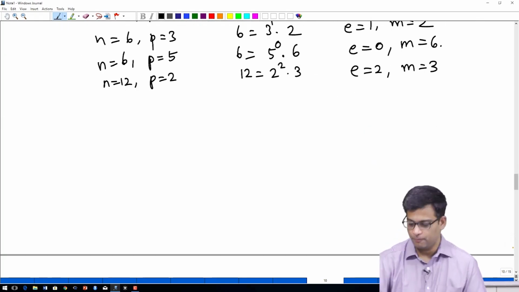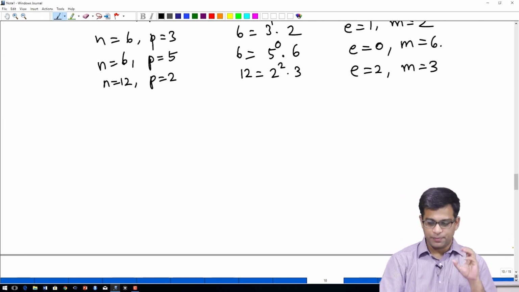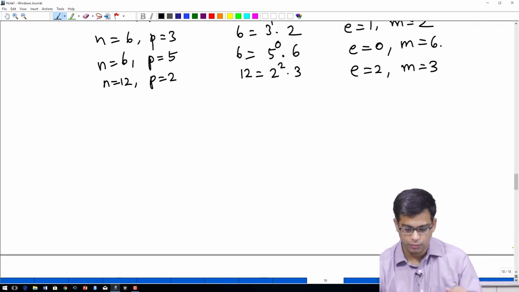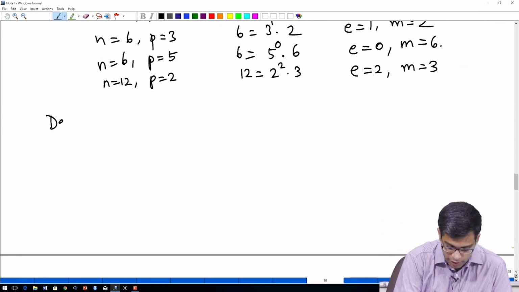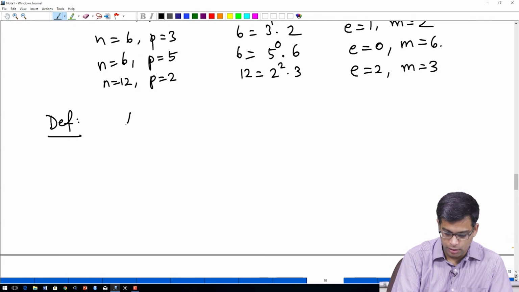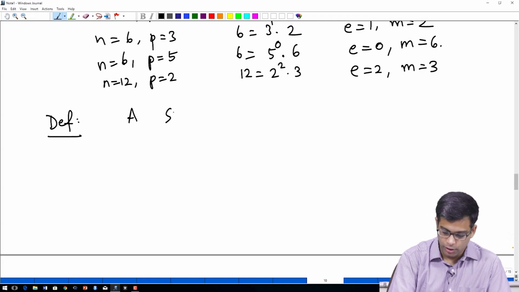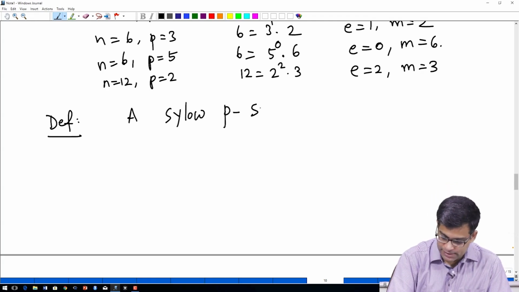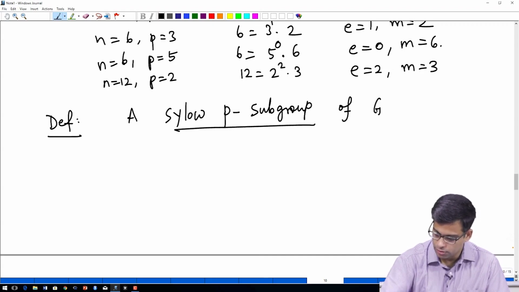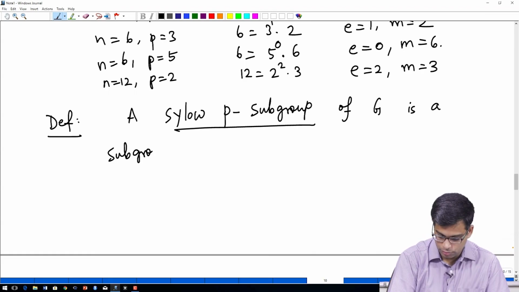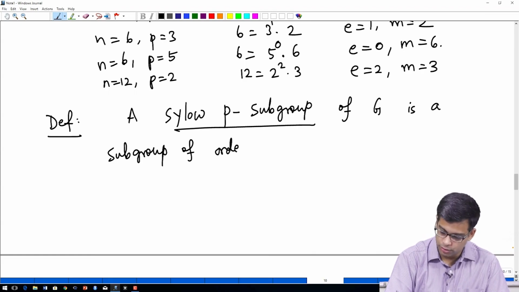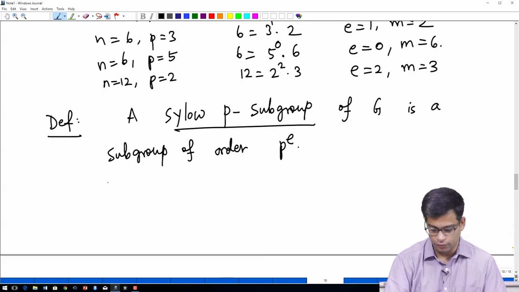So now Sylow theorems are really statements about special subgroups of a group G, and these subgroups are described by the prime p. So the important definition for us is this: G is a finite group as above, a Sylow p subgroup of G is a subgroup of order p power e.